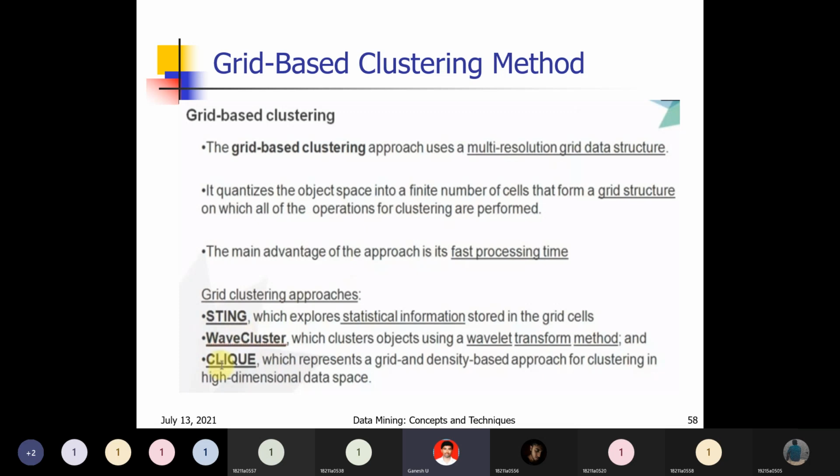That is the grid based clustering method. From bottom to top, we start from small points and it is combining. From top to bottom, it is dividing.